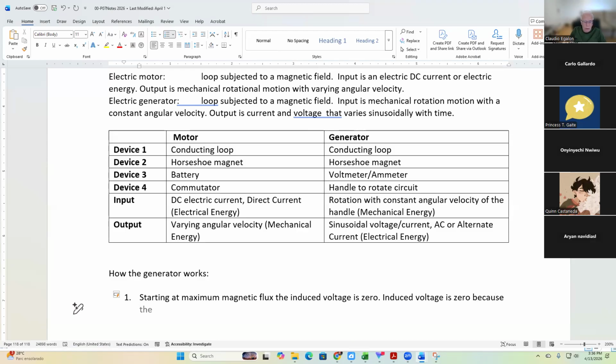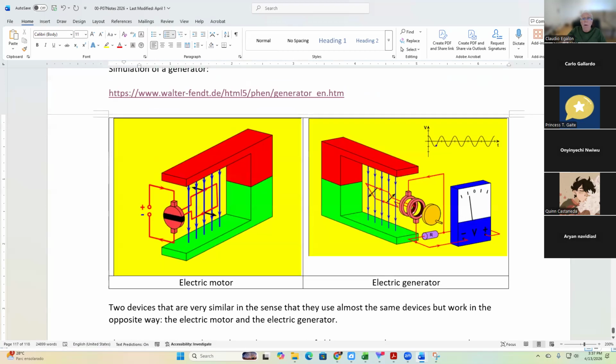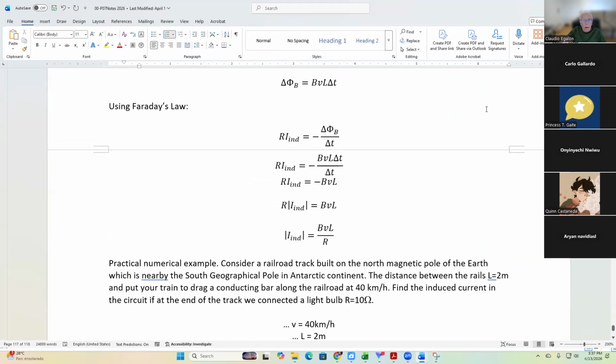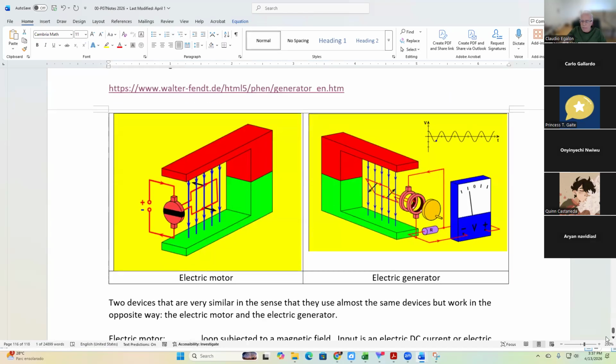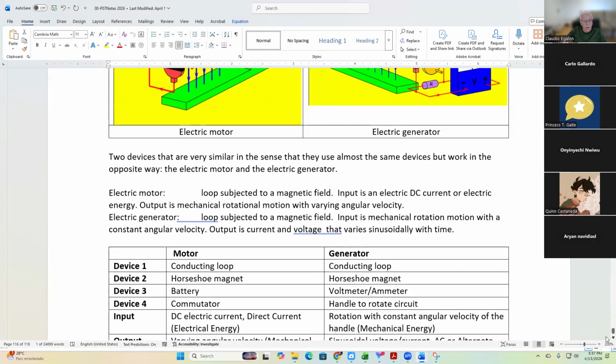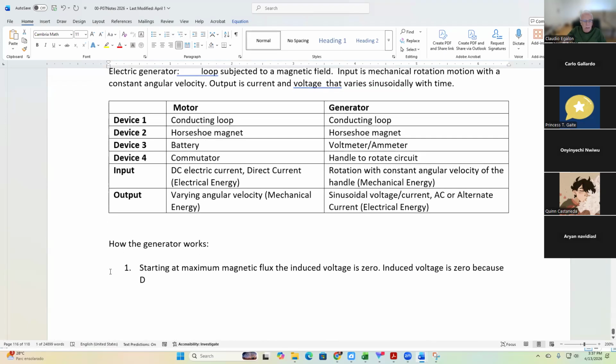Induced voltage is zero because delta phi over delta t at this point is zero.